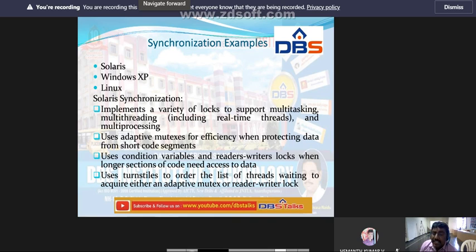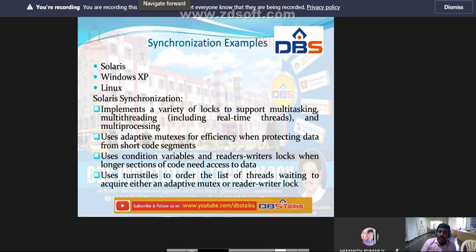We also use turnstiles to order the list of threads waiting to acquire either an adaptive mutex or a reader-writer lock. So Solaris synchronization mainly focuses on locks and adaptive mutexes for efficiency.